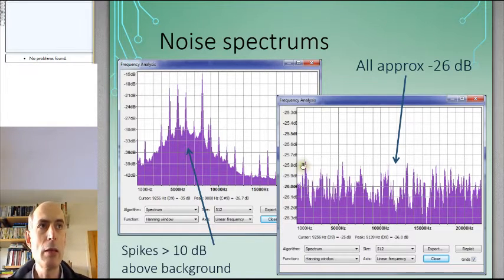It's always within about 0.2 dB of minus 26 dBs, practically constant. Whereas here, it's definitely not constant.